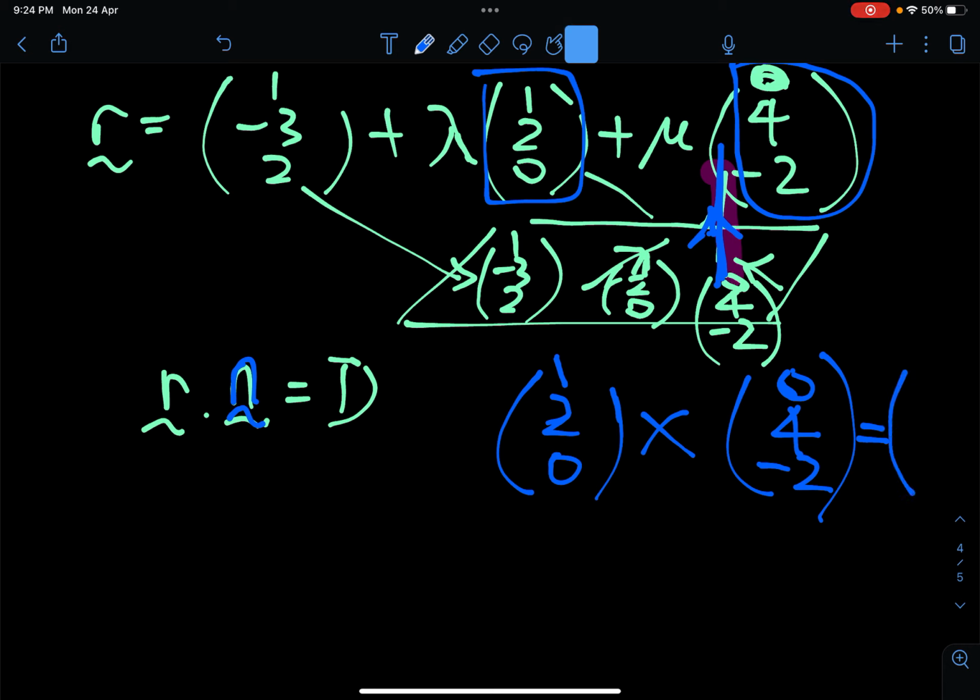So now I'll just write out the answer. In a separate video, I will show you how to cross two vectors in the fastest way in the exams.